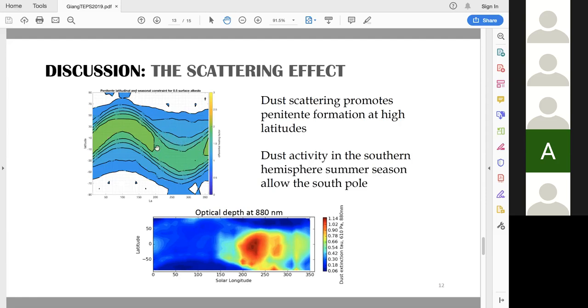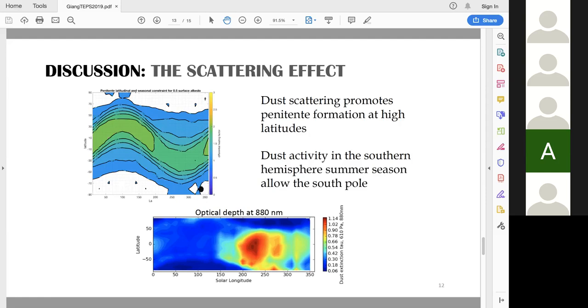What this means is that when you're underneath the sun, and there's a lot of scattering going on, the light will tend to bounce more to the walls than to the bottom, and so it impedes penitente growth. But if you look at the scattering at the polar regions around here and here, that corresponds to here.